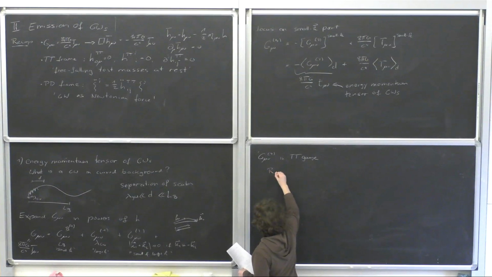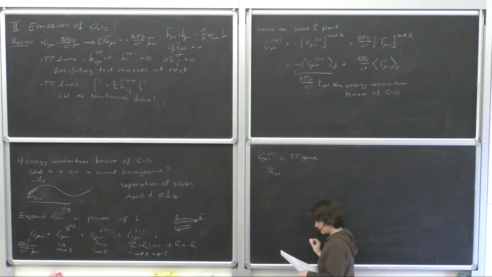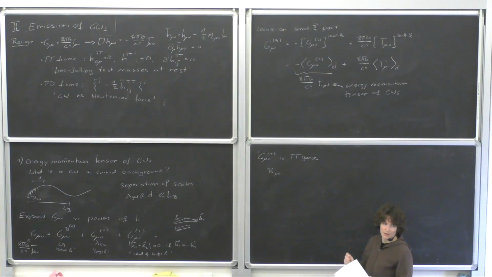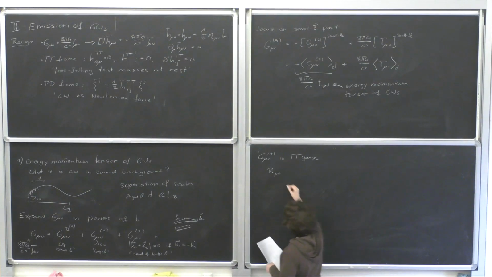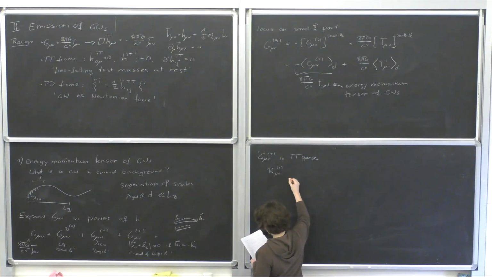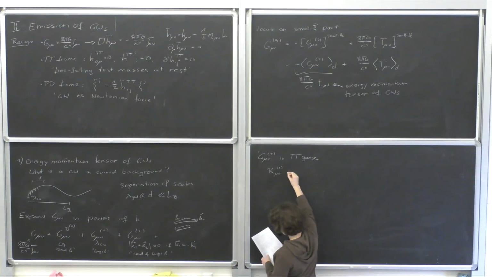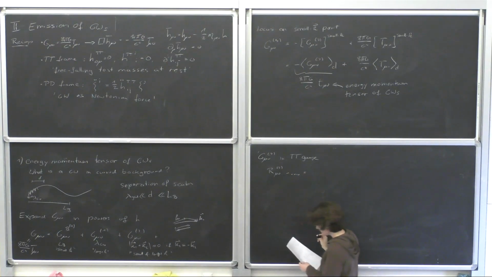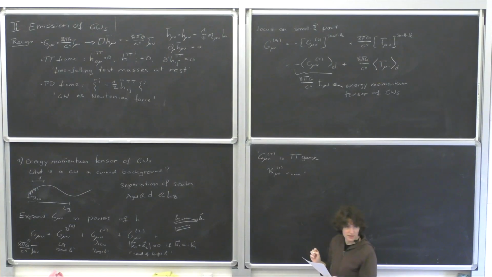So you go through the same exercise as we did last time. You compute the Christoffels, you compute the Riemann tensor, you contract, and you get R_μν to second order after some long computation, in which you better not lose a single minus sign, because otherwise you get a mess.